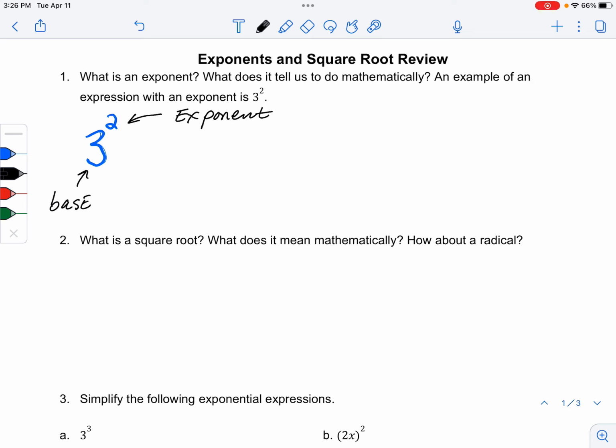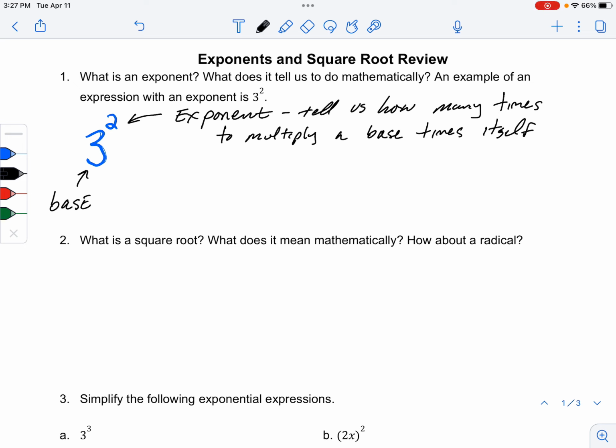Right, so what exponents do is, they tell us how many times to multiply a base times itself.